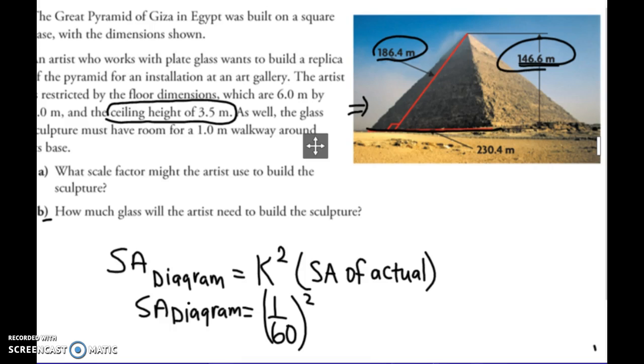So if we remember back, the surface area for a pyramid is you take the area of the base, and you add it to the area of each triangle.